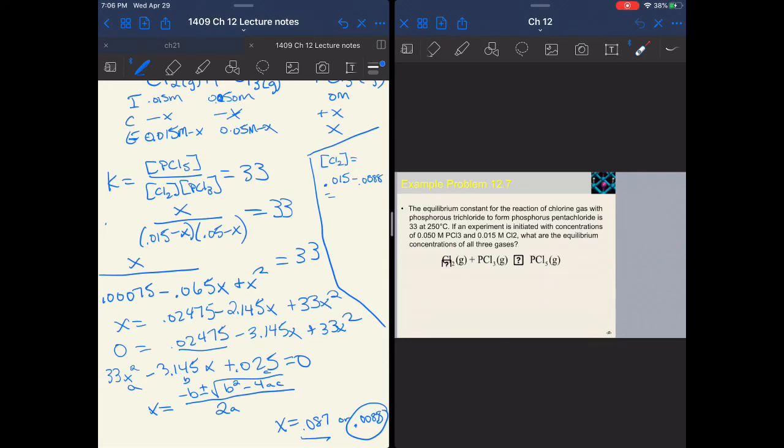So I find that my concentration of Cl2 is 0.006 molar. Of PCl3, it's going to be the 0.05 minus 0.0088. So that one is going to equal 0.041 molar.